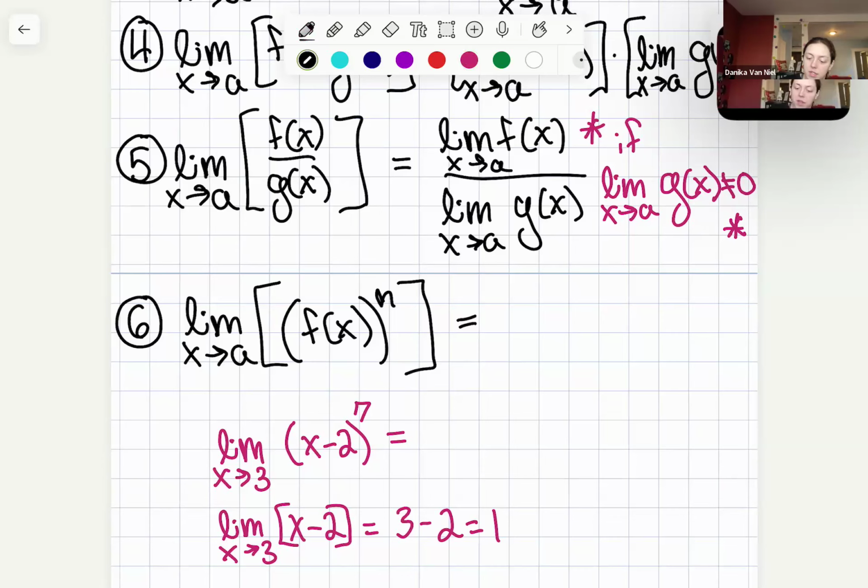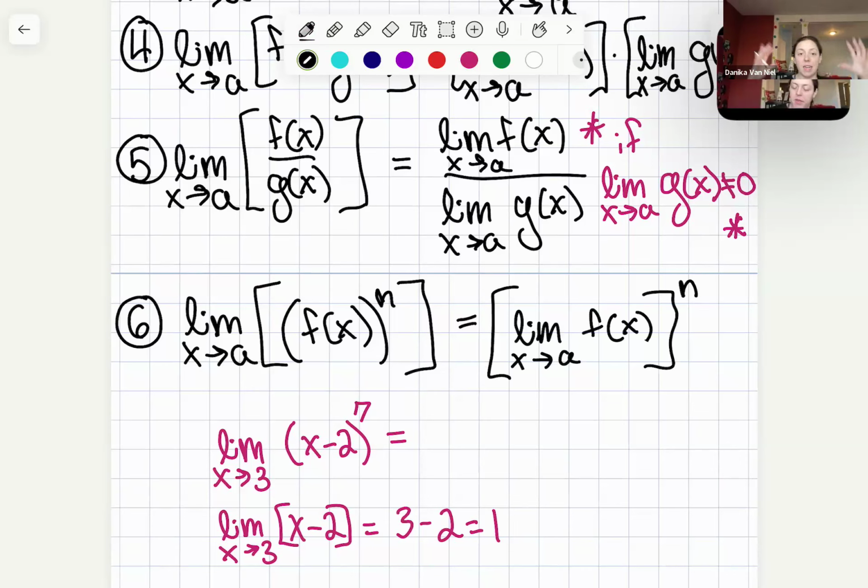With this limit law, I know that because the inside exists, I can bring the limit inside of the exponent. So for my little toy example here, I get limit as x approaches 3 of x minus 2 raised to the 7th, which is 1 to the 7th power, which is just 1.